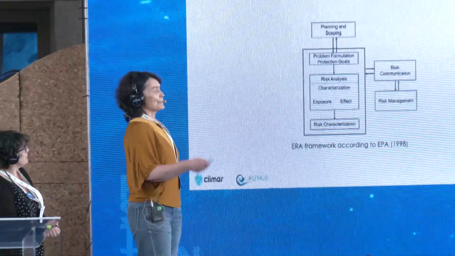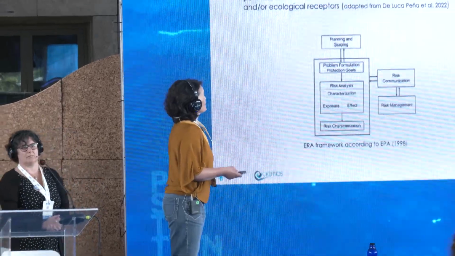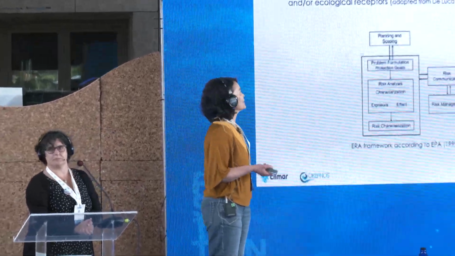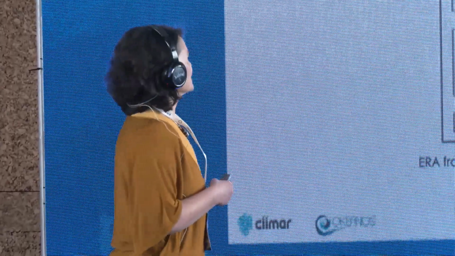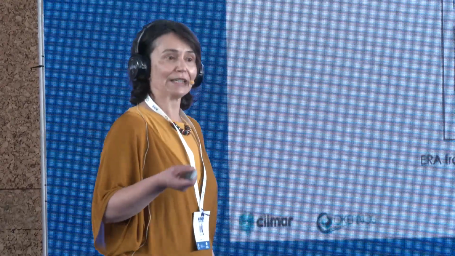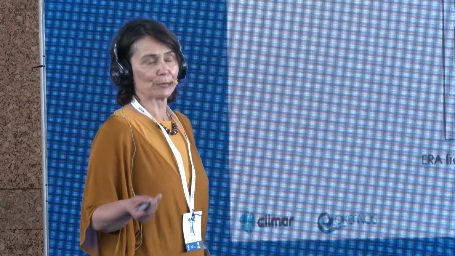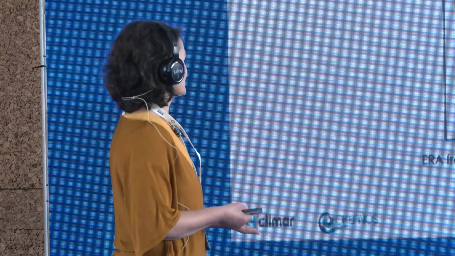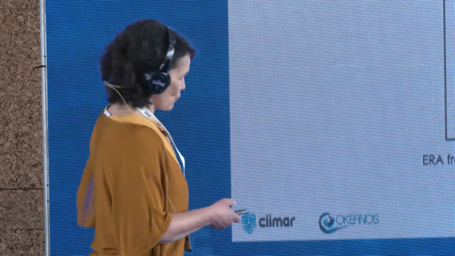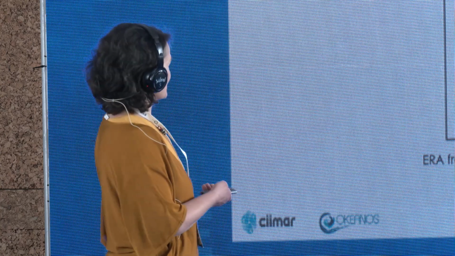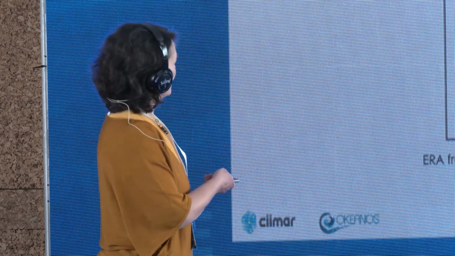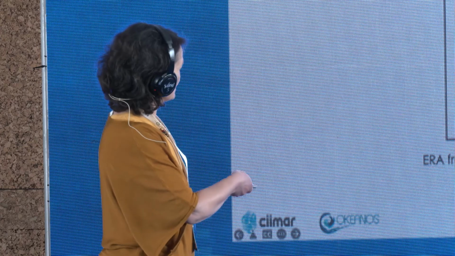So, environmental risk assessment is a process that aims to identify, analyze, and evaluate potential environmental risks that may be a result of human activities that then will cause harm not only to human populations but also to the environment. In a schematic way, this process of ERA, or environmental risk assessment, can be described as you can see here.